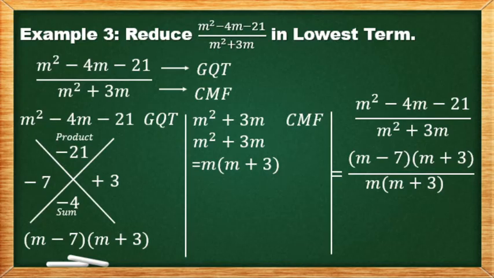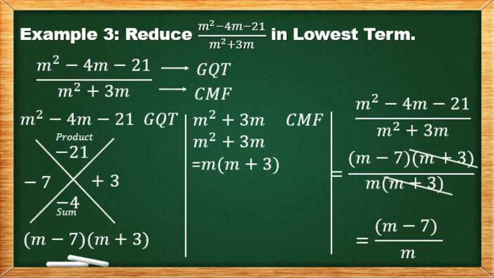Now, observe, may magkaparehas bang factor? Yes, yun ang m plus 3. So, we can cancel m plus 3. Natira, m minus 7 all over m. Final answer. Okay, another example.